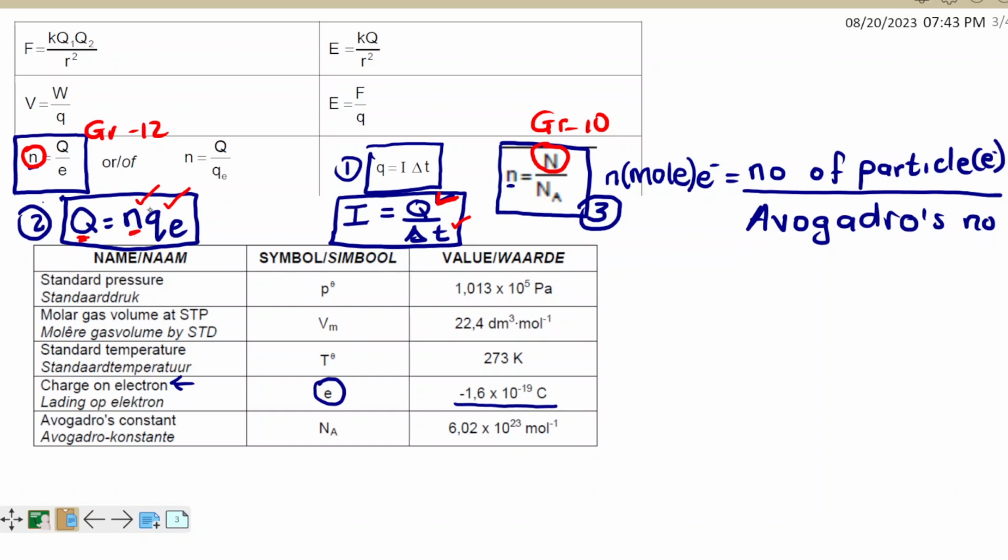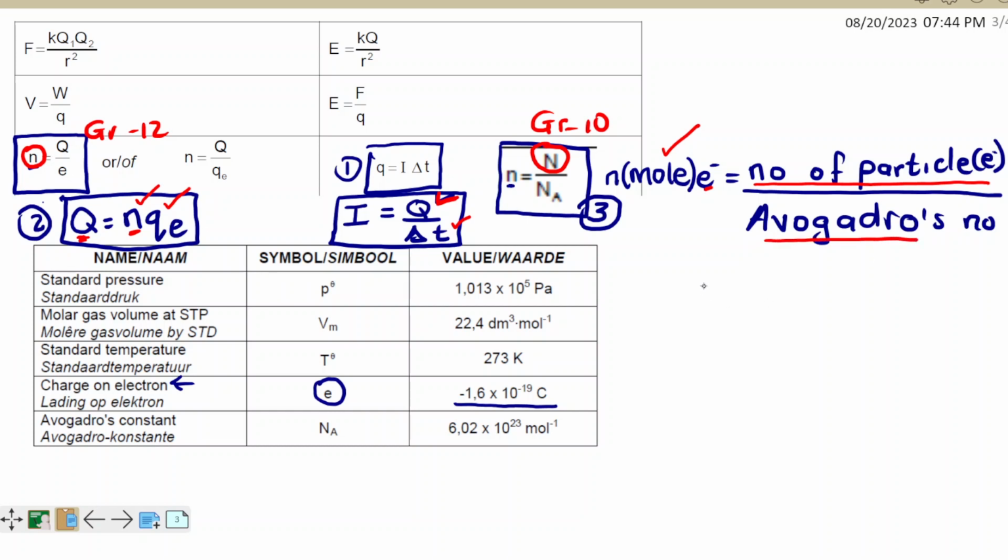I'm saying to you now, you need formula number 3. This is what now we need to find, the number of particles. So to find the number of particles, we need the number of moles of the electron, because we know the Avogadro's number.